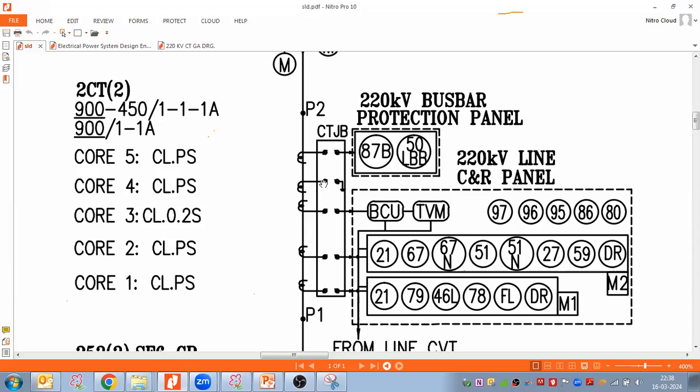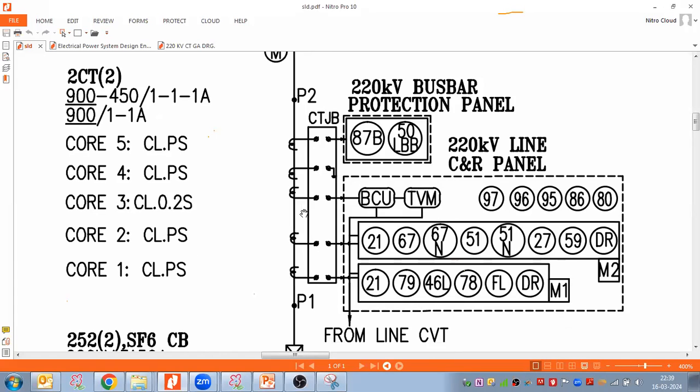We need to take S2 for bus bar protection and make a star point of S1 so that it will look towards the bus. And those S1s are connected to the bus bar differential protection, simple Kirchhoff current law, in and out. So it will make a smart protection. Correct.